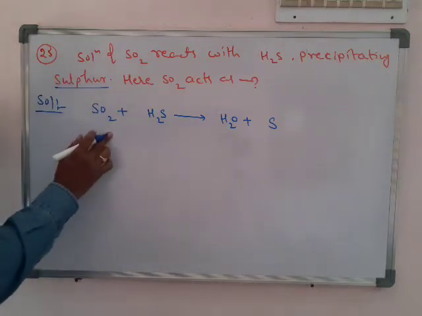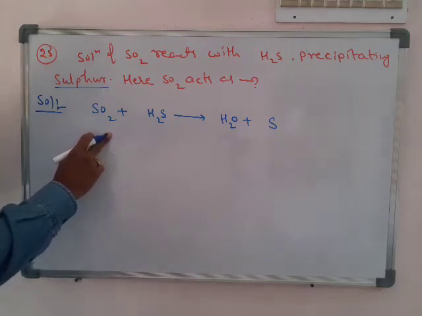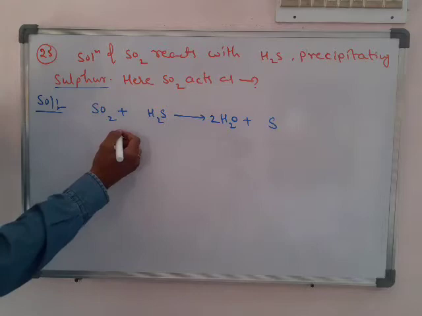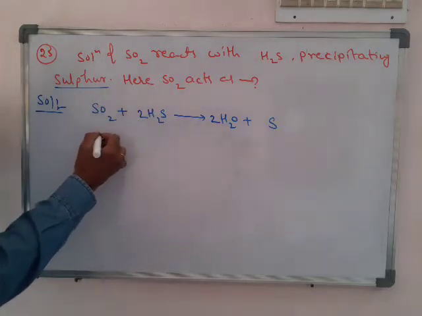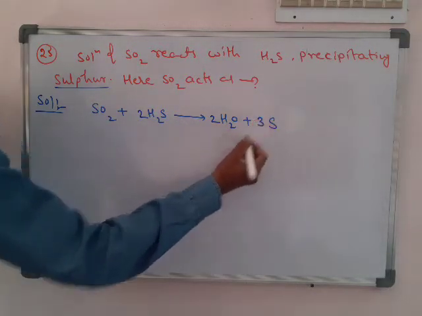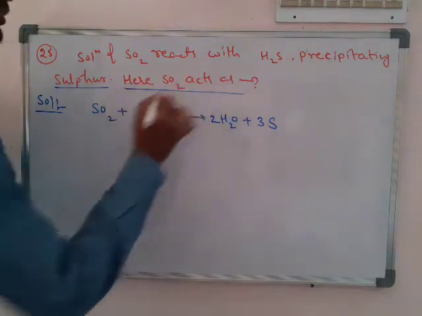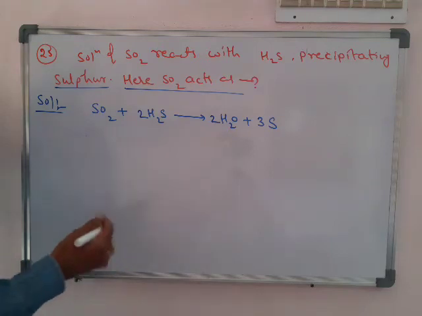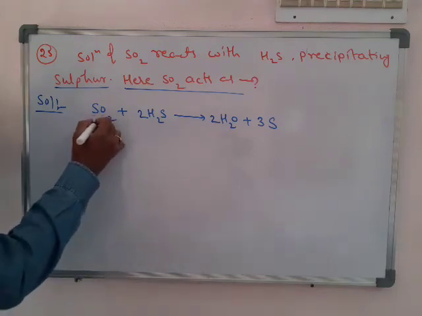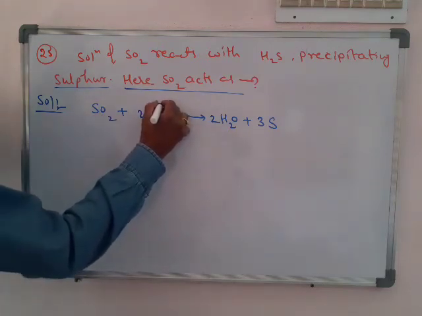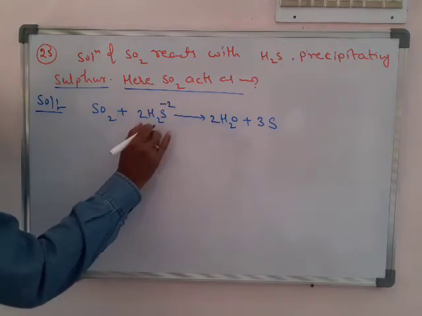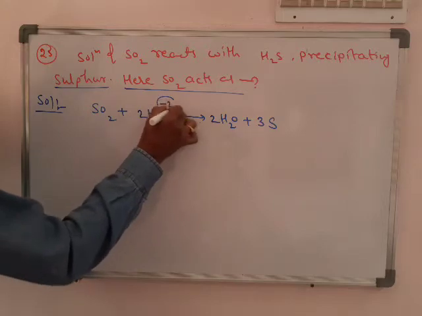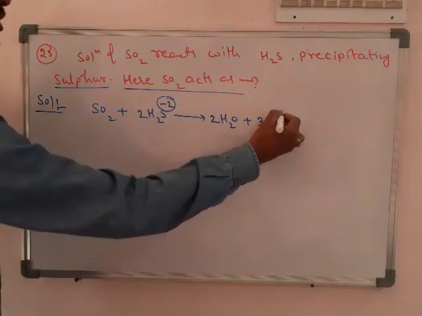There is no need to balance exactly, because we just need to know the nature of SO2: does it act as an oxidizing agent or a reducing agent? Sulfur reacts with H2S. What is the oxidation number of sulfur in hydrogen sulfide? Sulfur is -2. Then sulfur is 0.